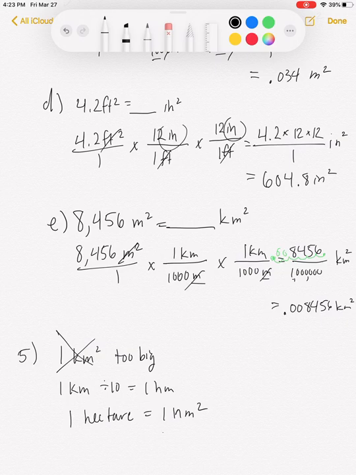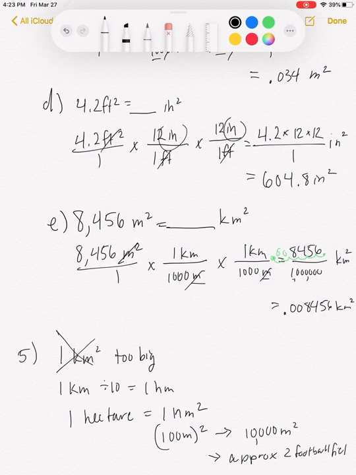You can also think of it as 100 meters for every hectometer. Square that. So instead of having 1,000,000 meters squared, we have 10,000 meters squared. And that's approximately 2 football fields put together. Okay, so there's a little bit of trivia on that one.